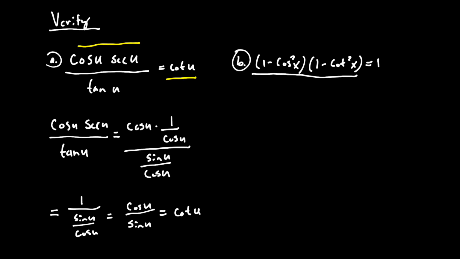Now let's go ahead and look at part B. We want to verify that (1 minus cosine squared x) times (1 plus cotan squared x) is equal to 1.